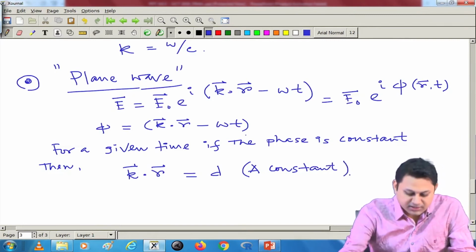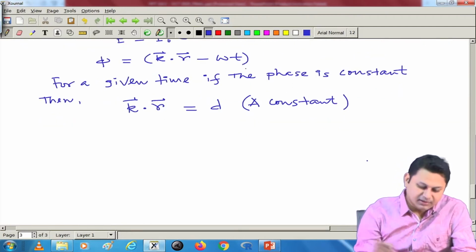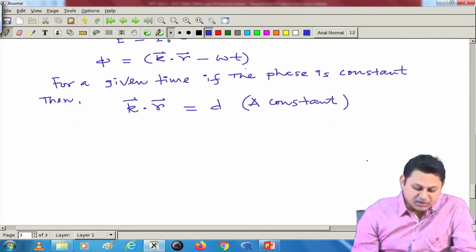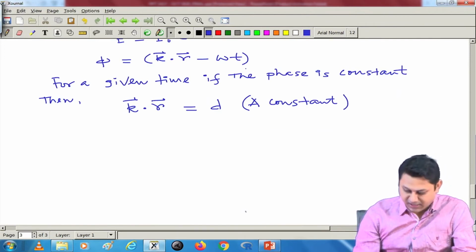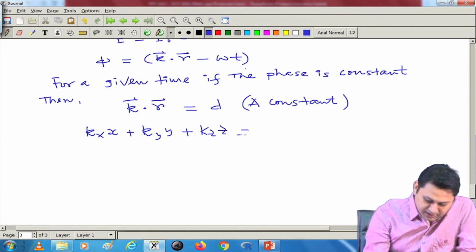So, I have an equation in my hand. r is a space coordinate, and with the space coordinate I have an equation in my hand. And what is the equation? The equation is kx x plus ky y plus kz z is equal to d.